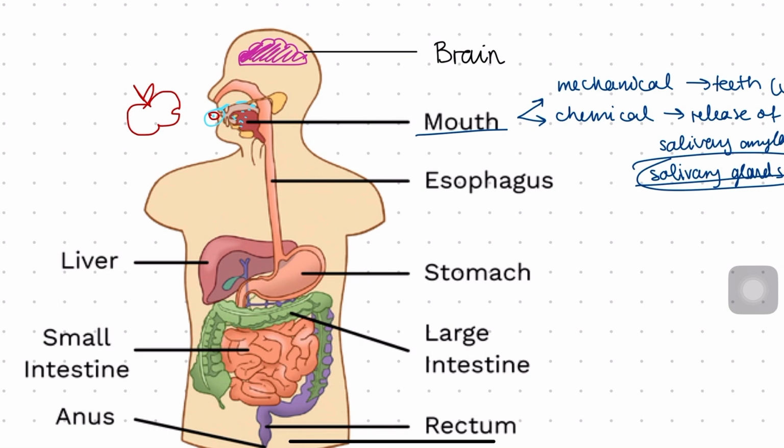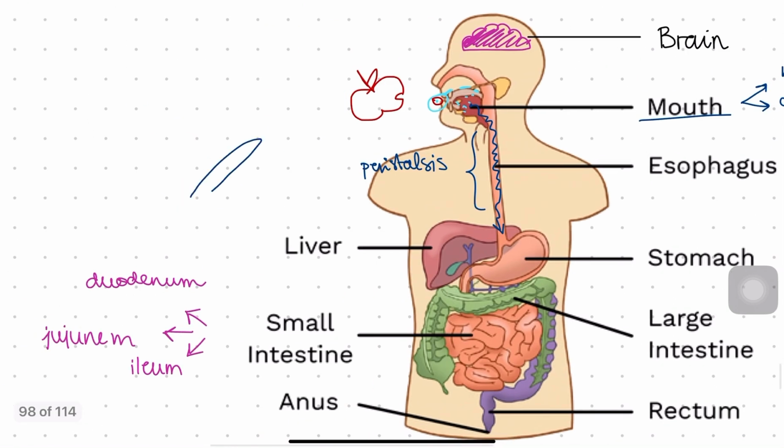So what happens next? Well, this food is going to go down the esophagus. It's going to head down using peristalsis. So peristalsis is when the circular and the longitudinal muscles are able to contract and eventually push the food all the way down.